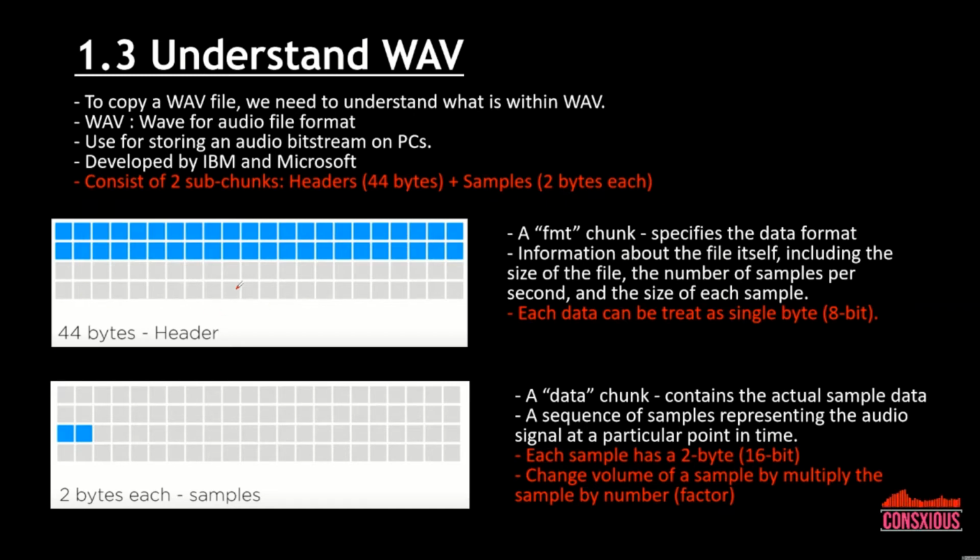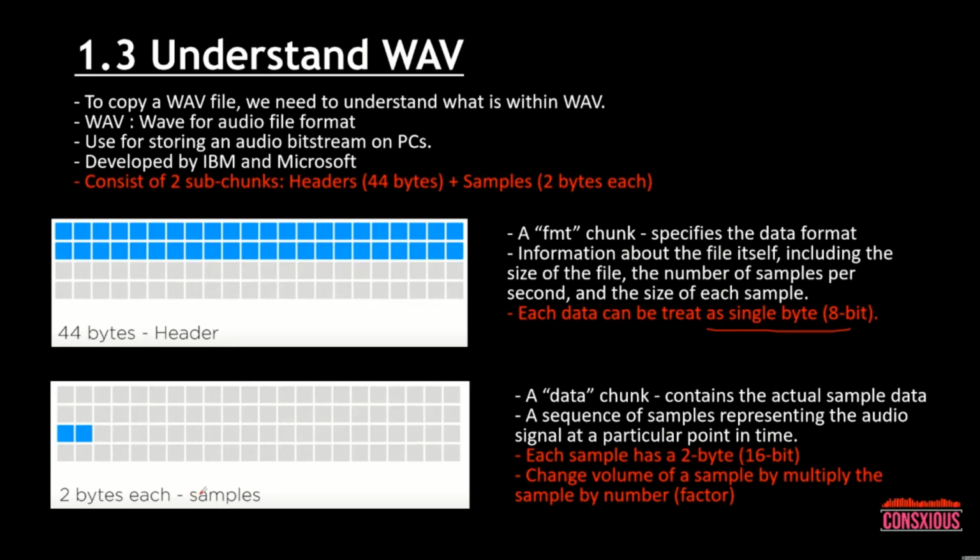So we can see here there are two portions, the header and the samples. The fmt chunk specifies the data format, such as the size of the file, the number of samples per second, and the size of each sample. Each piece of data can be treated as a single byte or 8 bits.